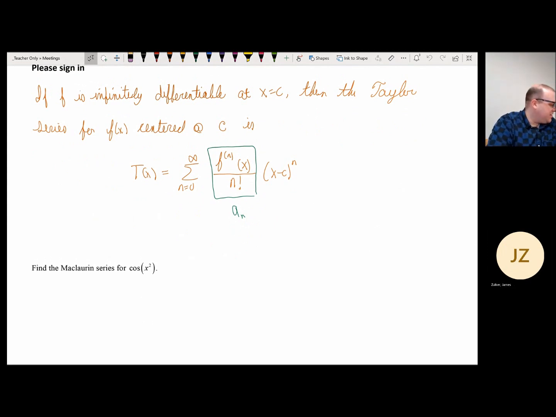Find the Maclaurin series for cosine of x squared.